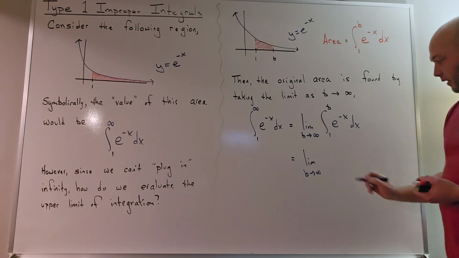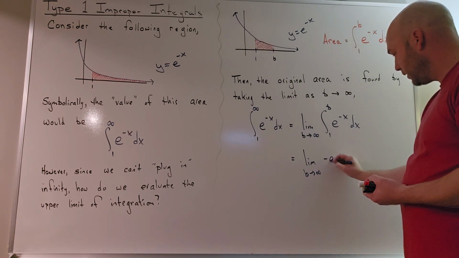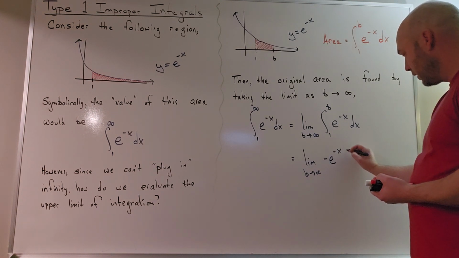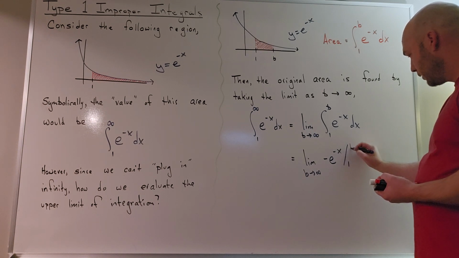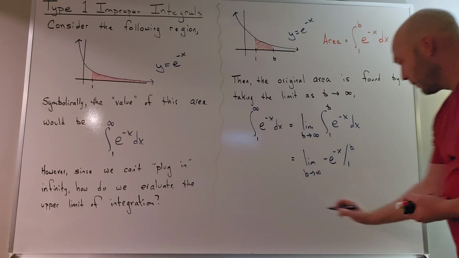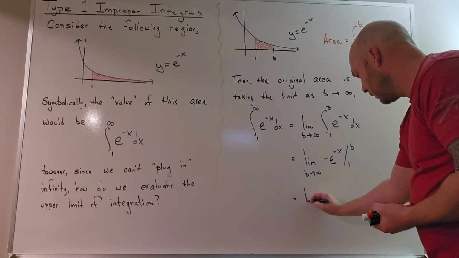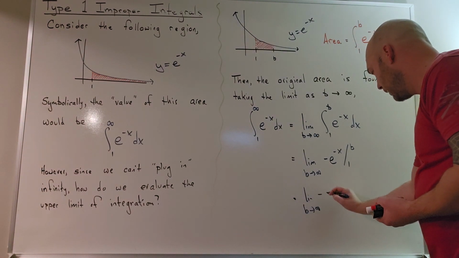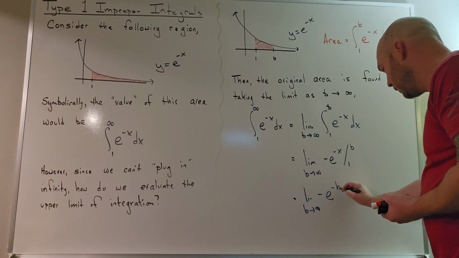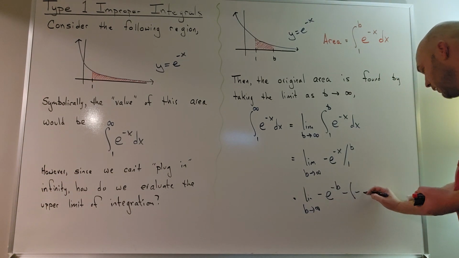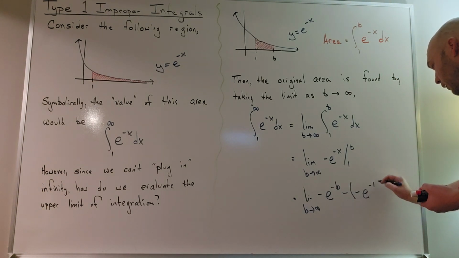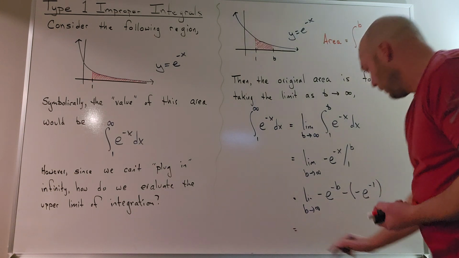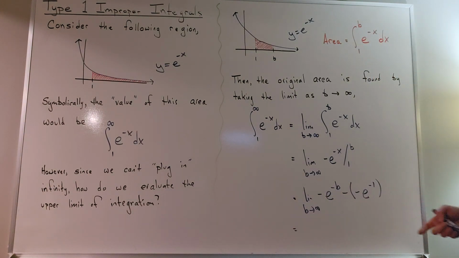The antiderivative of e to the negative x will be minus e to the negative x, evaluated from 1 to b. Plugging in my limits of integration, I'm going to get the limit as b goes to infinity of negative e to the negative b minus negative e to the negative 1. And again, I'm taking the limit as b goes to infinity.